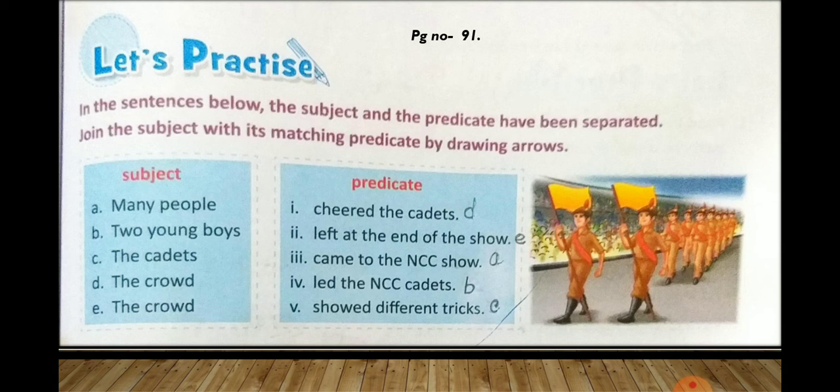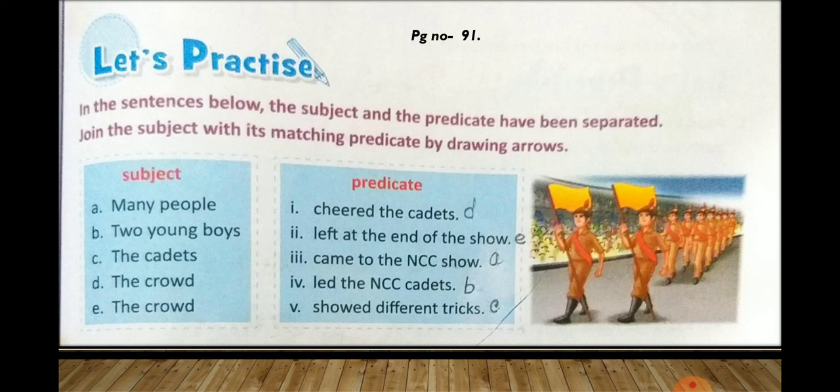Number C, the cadet will match with number 5, showed different tricks. Let's move to number D. The crowd will match with number 1, cheered the cadet. The crowd cheered the cadet. So number D will match with number 1.